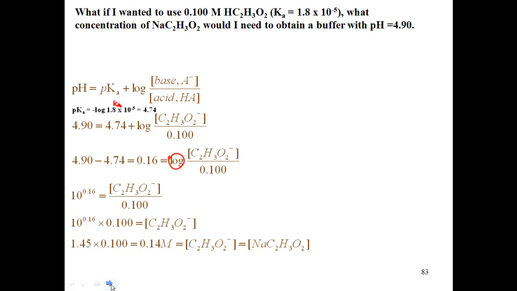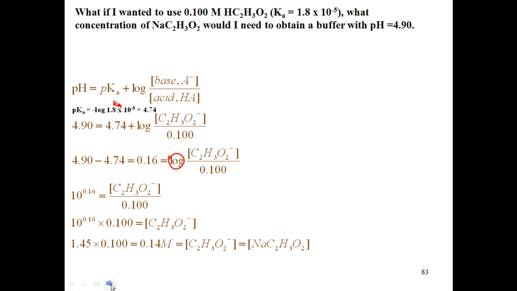Multiply both sides by 0.1: 10 to the 0.16 is 1.45, times 0.1 is 0.14 molarity. That gives me my concentration of acetate, which in this case is the same as the concentration of sodium acetate I need.